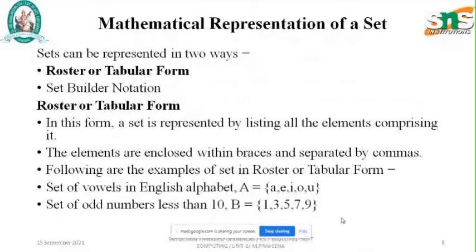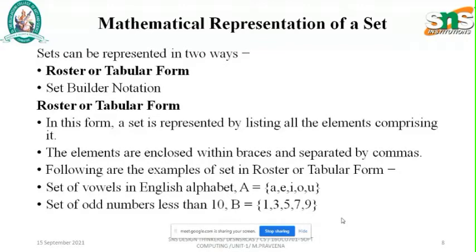Next, let us represent it in mathematical format. There are two different types: roster or tabular form, and set builder notation. Now let us see about the roster or tabular form. In this form, a set is represented by listing all the elements comprising it.